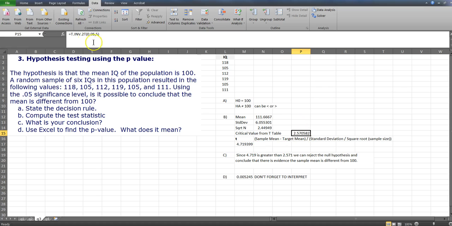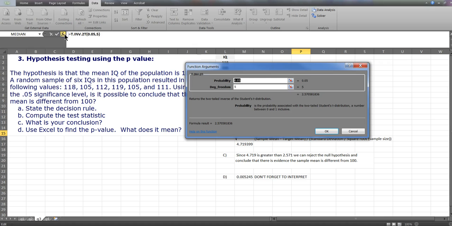Now this is what's important. This is where you see this similar lookup of the T.INV, but notice it says .2T. That's that two-tail test I'm talking about here, okay. So this dialog box looks very similar, okay, and I put in my probability, and I put in my degrees of freedom, because there's 6 numbers.